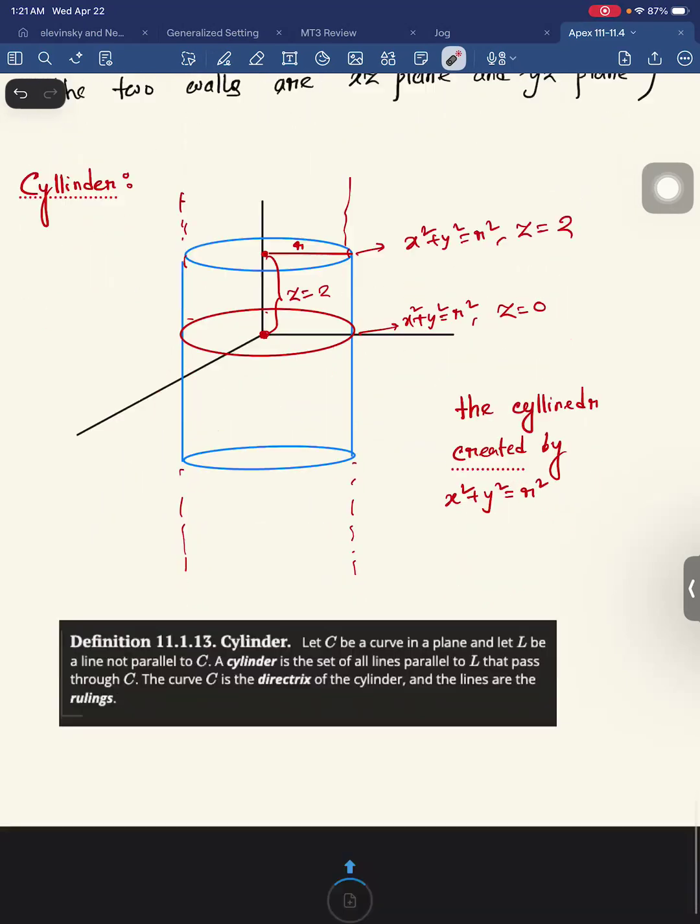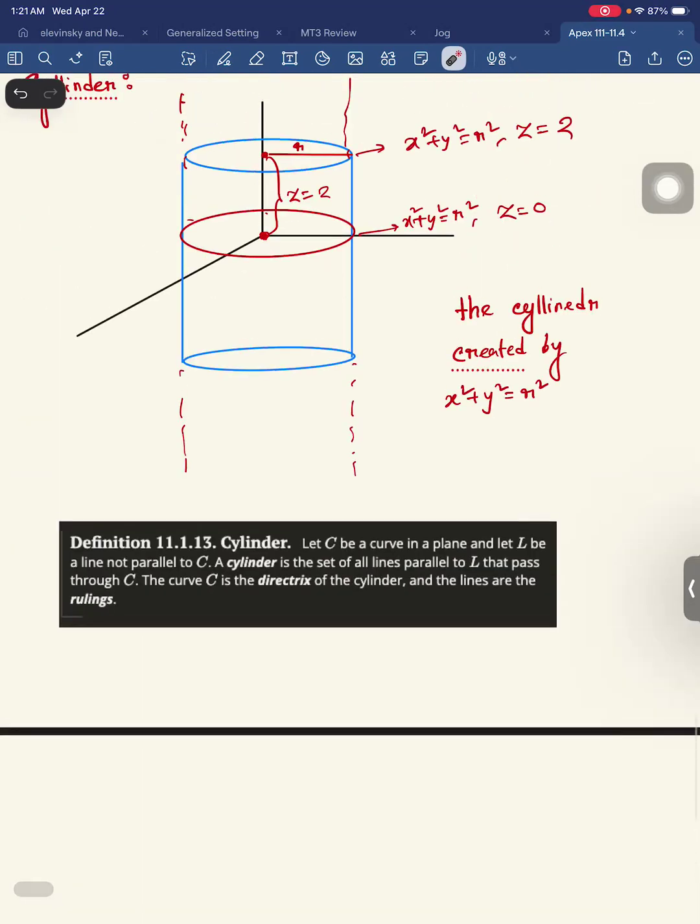So what this part of the text is trying to do is the same construction but for an arbitrary curve.